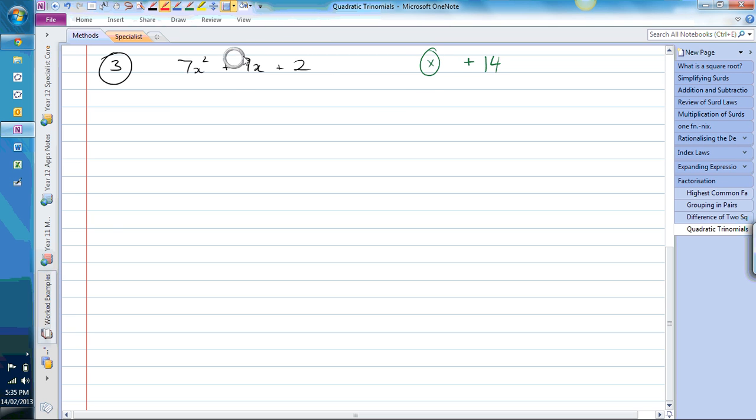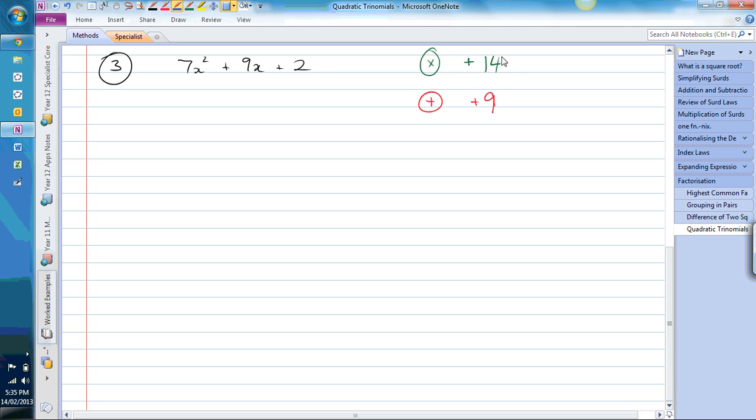We then look at the coefficient of the x again, and still we're just looking for two numbers that add to give positive 9. And the process from this point on is exactly the same.